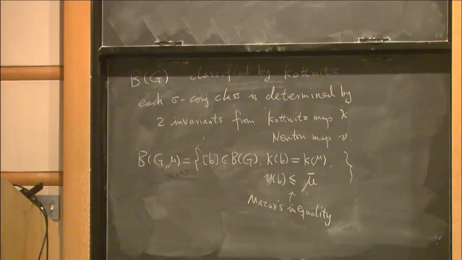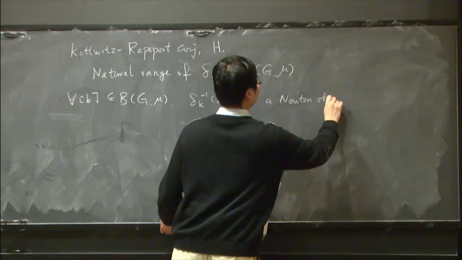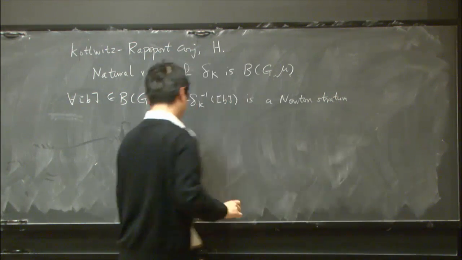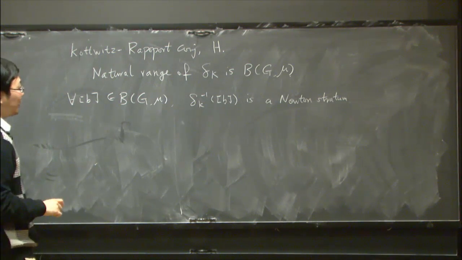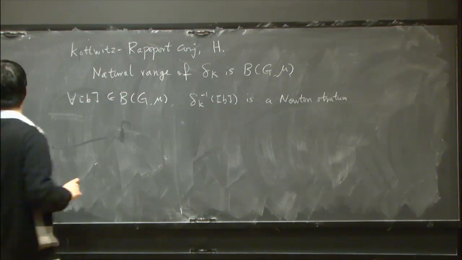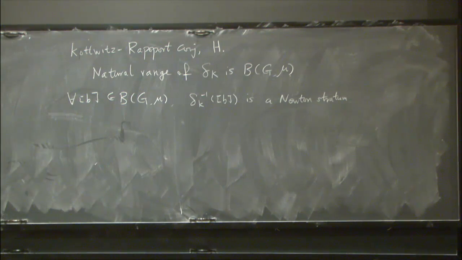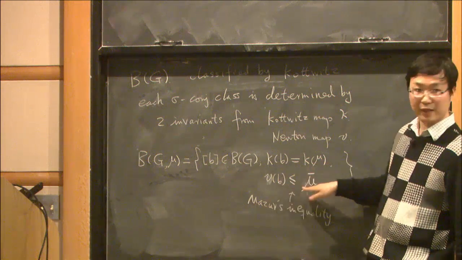Now if you pick up any acceptable element, then this one is a Newton stratum. And what is the basic Newton stratum? So remember this one, this is an identity, this is an inequality.